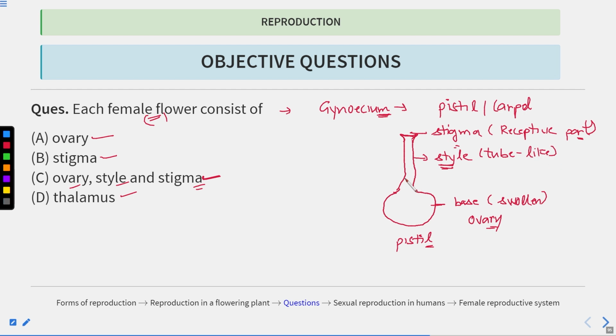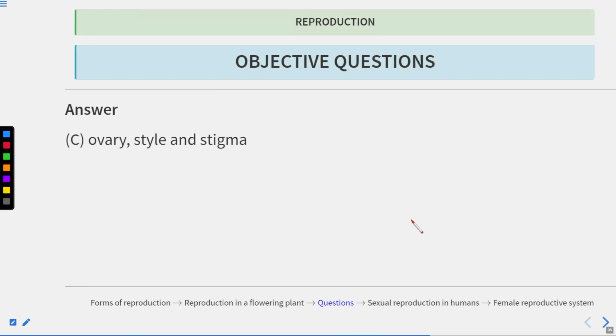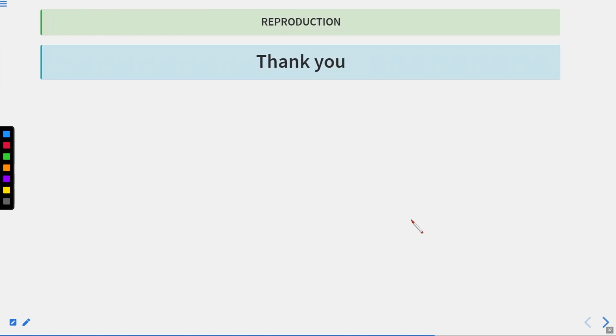The pollen tube will travel through the style and then it will finally enter into the ovule. Clear? So what should be the answer here? Answer is ovary, style and stigma.